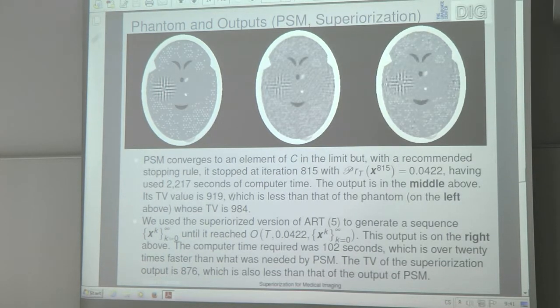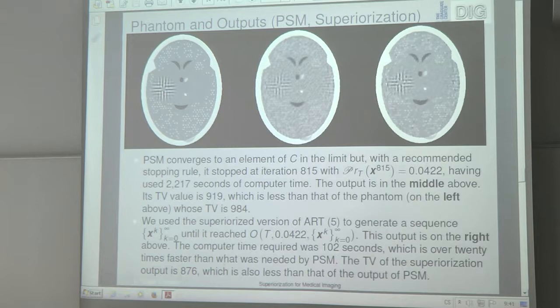And furthermore, the TV that it produced was actually smaller, 876, as opposed to 919. So we could do something 20 times faster, which according to the criteria that we try to achieve is better.